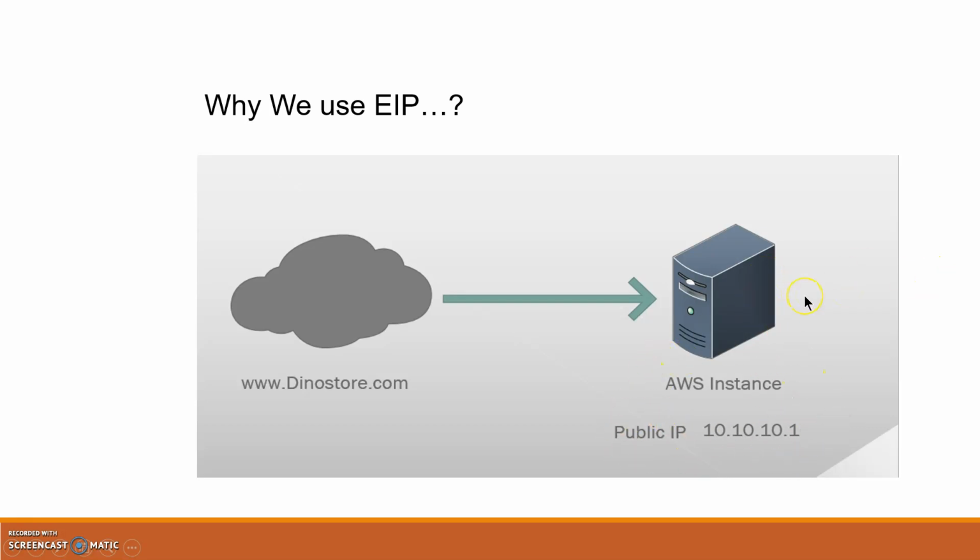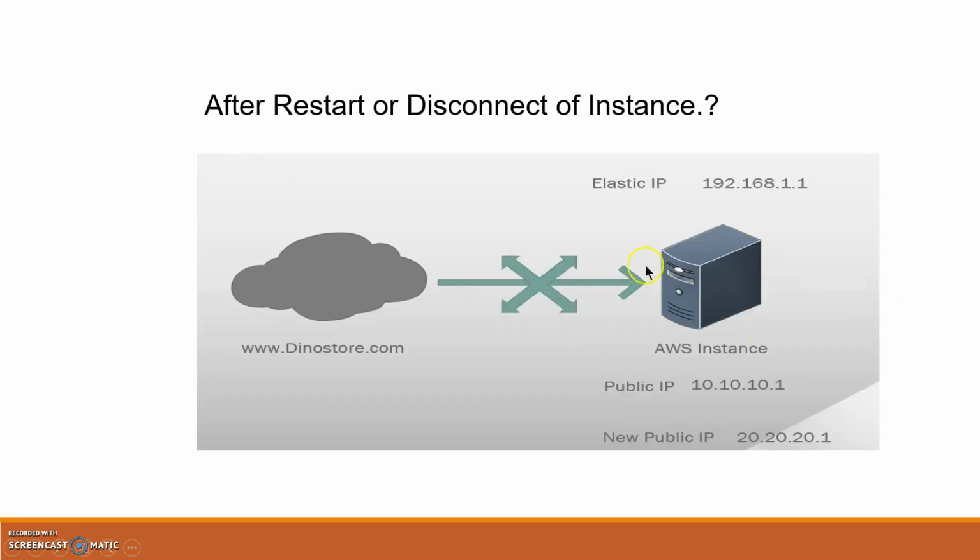So whenever a user wants to access this address, they call the public address of this instance. So it's working normally. But what if the connection is lost and you have to restart your instance?